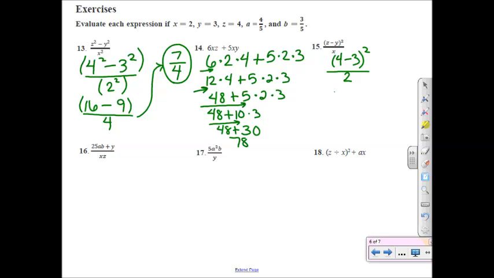So 4 minus 3 is 1. And then 1 squared is just 1. So I have 1 half, and I could say that that is also equal to 0.5. 1 divided by 2 is 0.5.